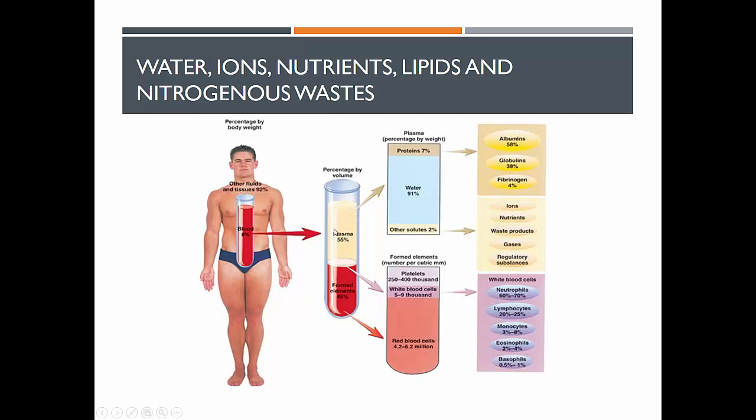The carbon dioxide and oxygen were found in the red blood cells, and the plasma generally contains the water and the other solutes. So our solutes are ions, nutrients, waste products, some gases, and regulatory substances like hormones.